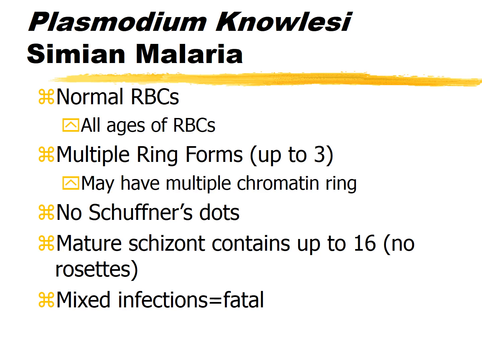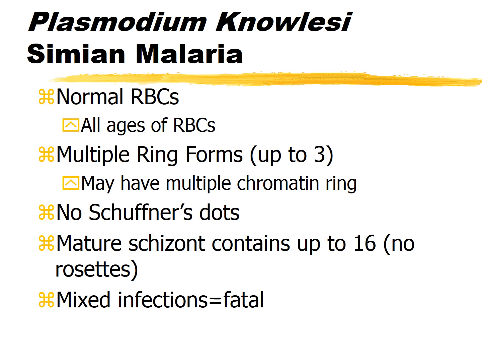Plasmodium knowlesi is known as simian malaria. It affects all ages of red blood cells. You'll see multiple ring forms, up to 3. There are no Schuffner dots. The mature schizonts contain 16 merozoites, but no rosettes.